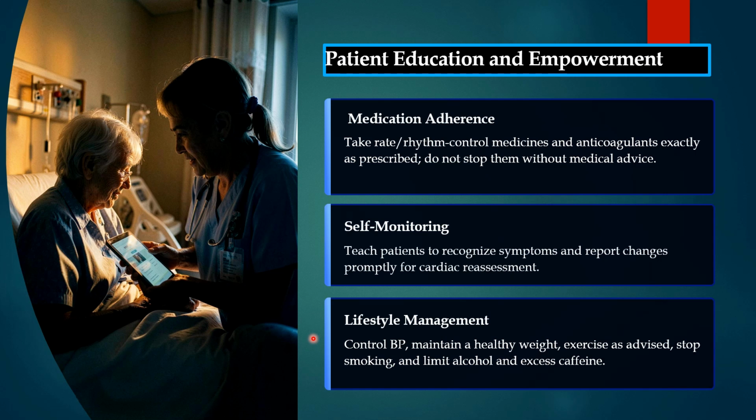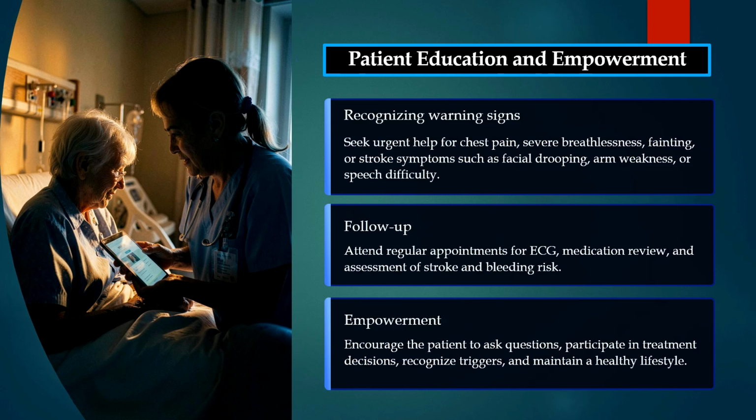Lifestyle management, which includes controlling blood pressure, maintaining a healthy weight, exercising as advised, stopping smoking, and limiting alcohol and excess caffeine. Educate them to recognize the warning signs and to seek urgent help for chest pain, severe breathlessness, fainting, or stroke symptoms such as facial drooping, arm weakness, or speech difficulty.